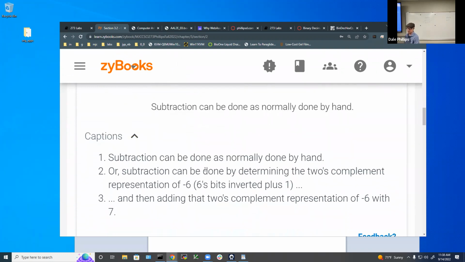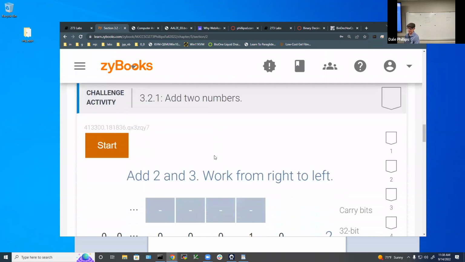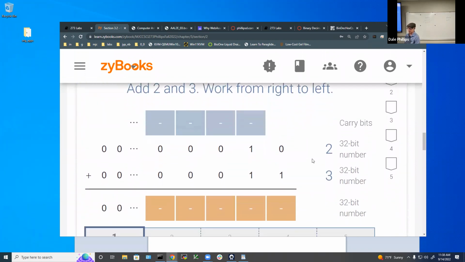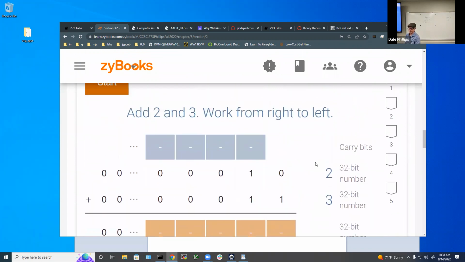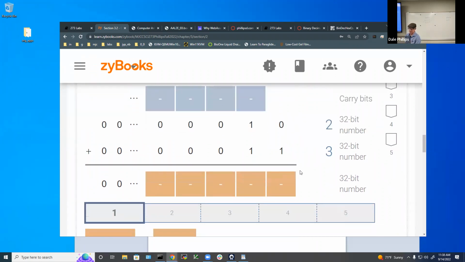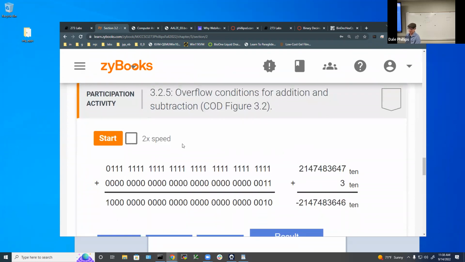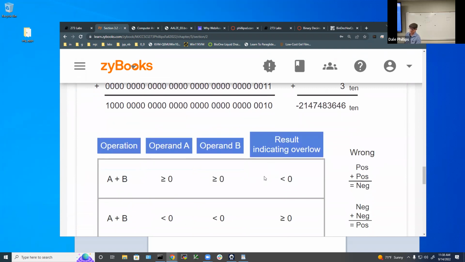But this 2's complement, the way it works is you're doing this. What's happening is you're working from right to left, and you just kind of flip the bits. And so here's this is the addition, and then we have to show you that.